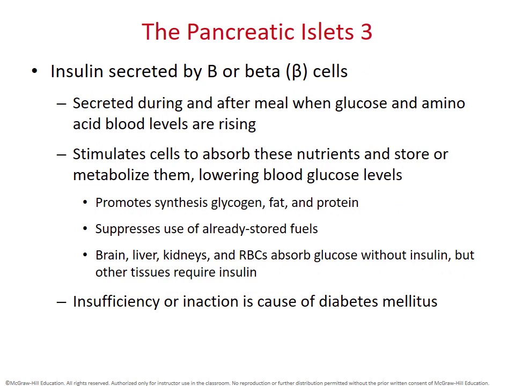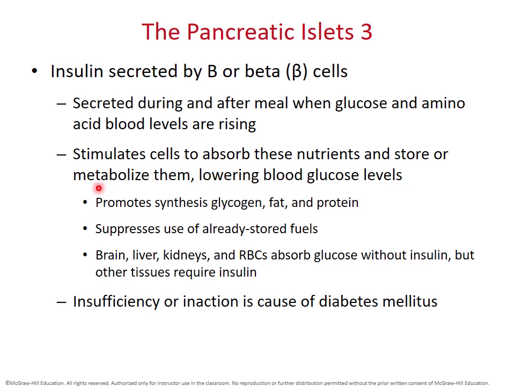Insulin, of course, has, as I said, the opposite effect. You usually get a spike of insulin following a meal when blood glucose and amino acid levels are rising. And what insulin does is it tends to cause certain cells to pick up amino acids and glucose from the bloodstream and take them into the cells themselves for either immediate use or for storage.